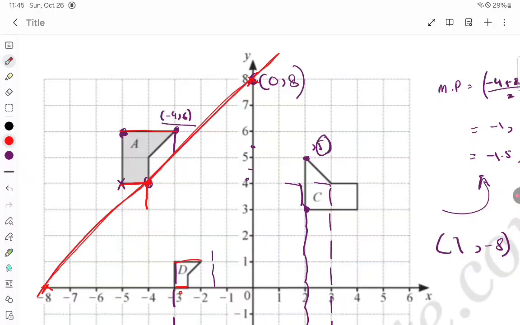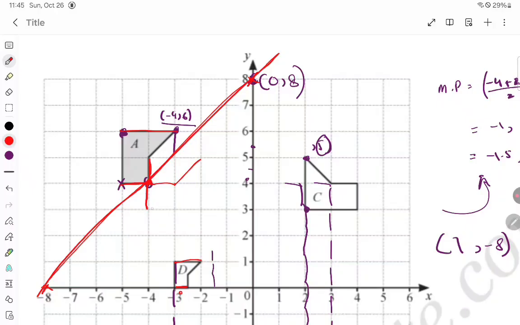Move 1 centimeter ahead. Now move for this part, move 1 centimeter ahead, and then we are just mirroring this image.